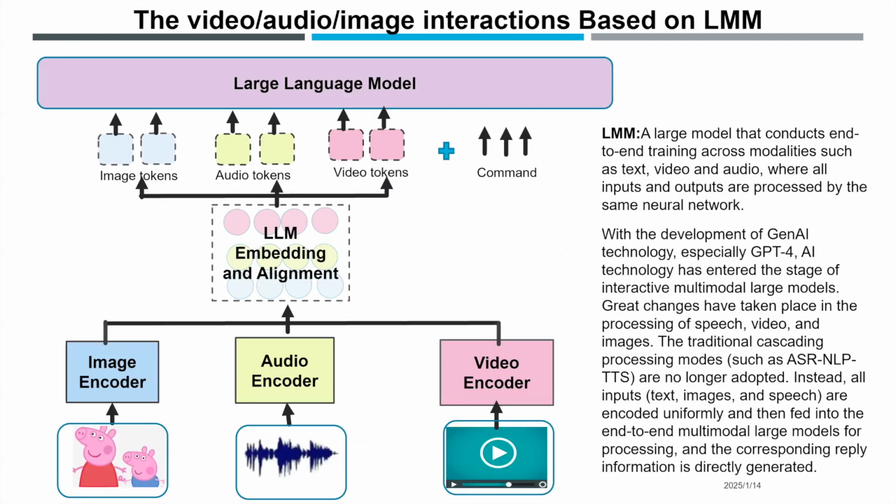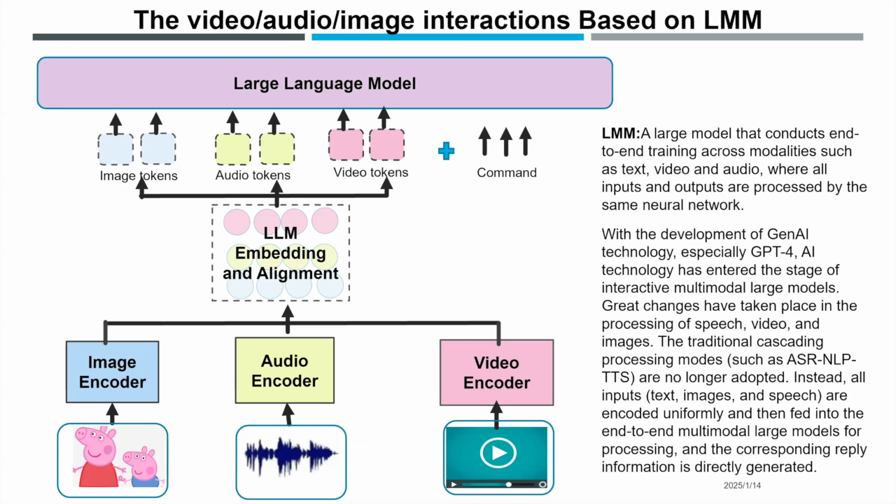But here I want to highlight that because LLM, large language model technologies, are very hot nowadays, they totally changed the interaction procedure for users, I think, for video, audio, and text.